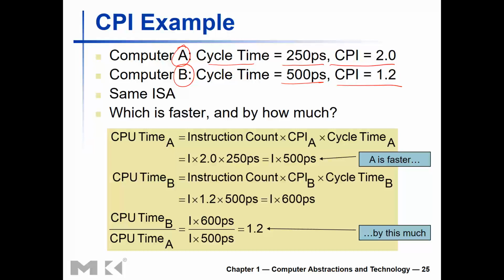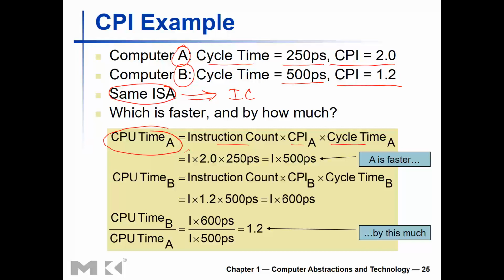So let's compute the CPU time for A: instruction count times CPI times cycle time. He told me that they have the same architecture, which means the instruction count is equal for the two computers.